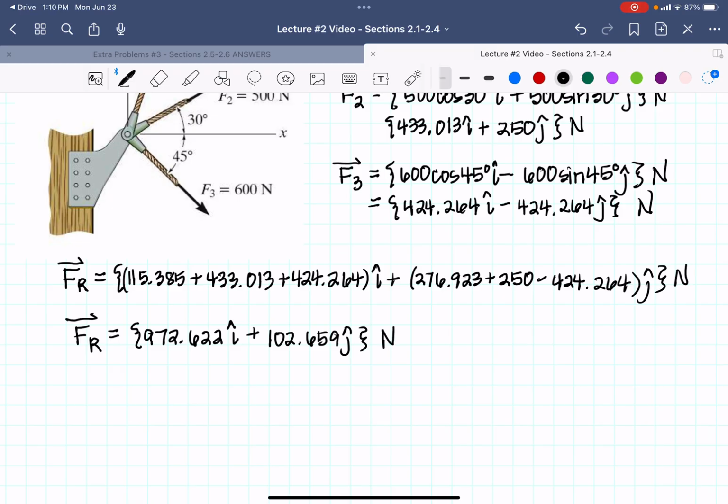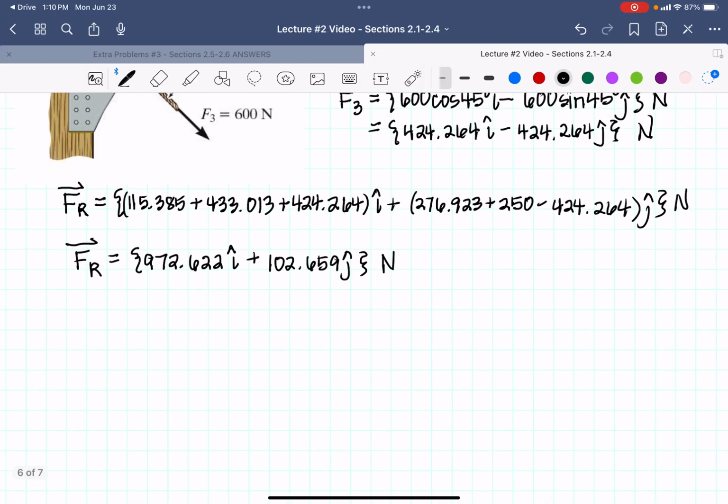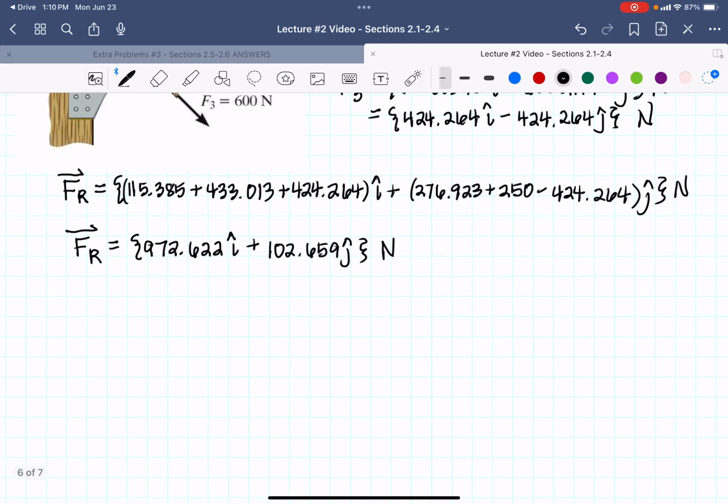Now that is the resultant vector written in Cartesian vector format, but we need to write the magnitude and the direction. So we need the angle theta and we need the magnitude. To find the magnitude, we're going to use the Pythagorean theorem.